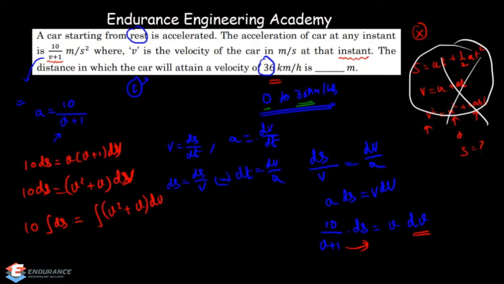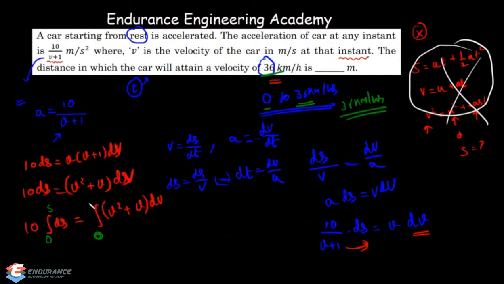Now the question is, what about the limit? Yes, initially let me take s to be 0 at the initial point, and finally when velocity reaches 36 km per hour, it is s. What about the limits of initial and final velocity? Initial velocity anyway 0, no issues, but what about final velocity? 36 km per hour. Can I use directly 36 km per hour here?